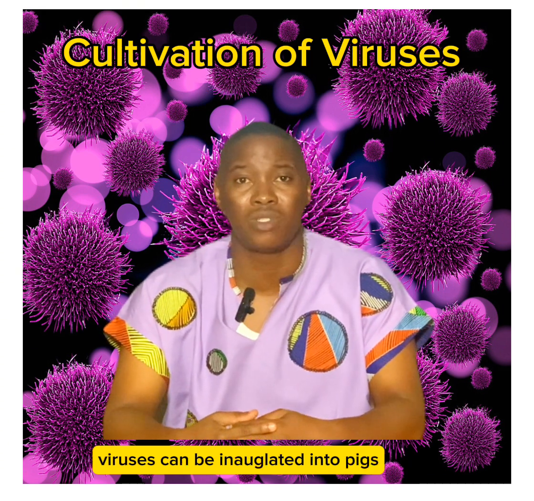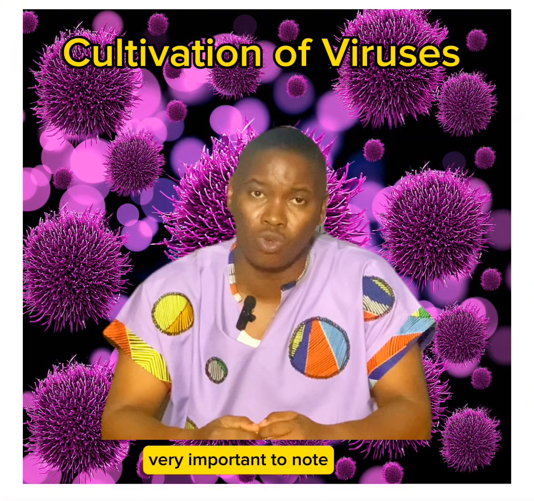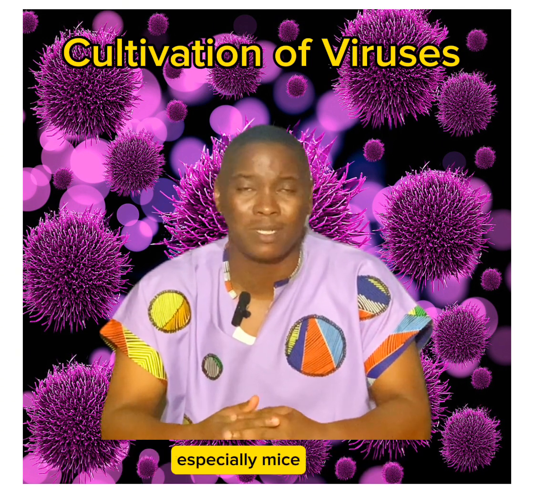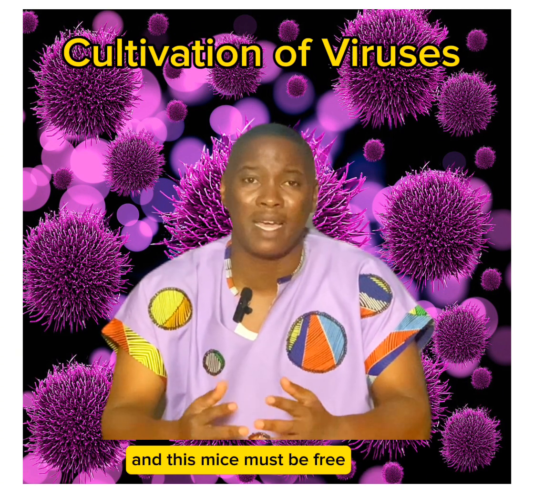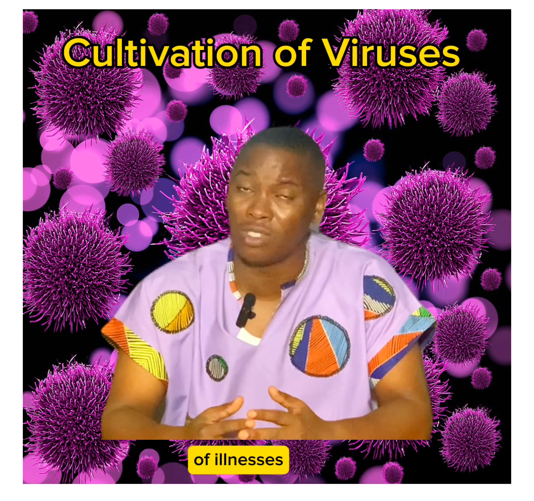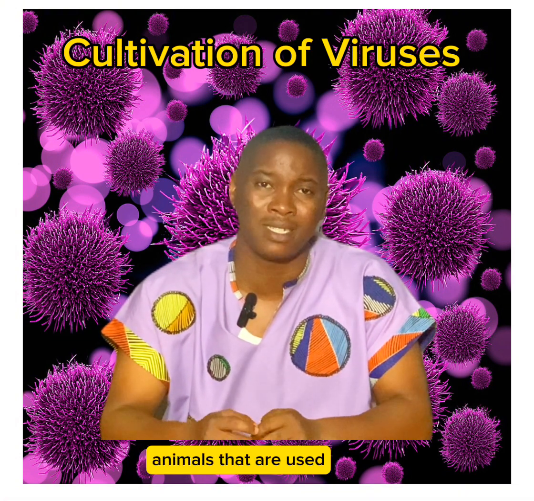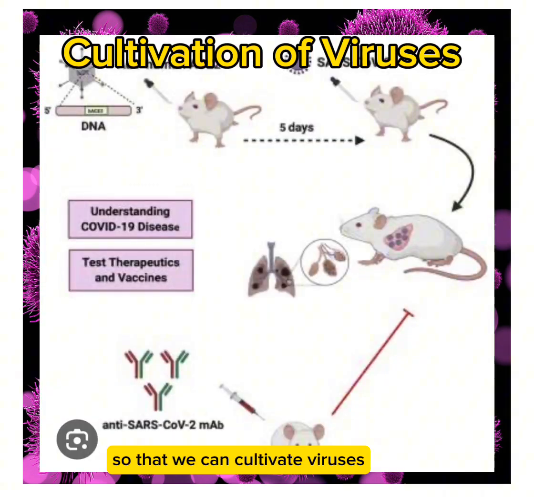Viruses can be inoculated into pigs, rats, mice, all sorts of primates, and this is very, very important to note. Now, viruses are usually inoculated into mice, especially mice which are just about 48 hours old, and these mice must be free of illnesses, not mice that are diseased. These are the animals usually used so that we can cultivate viruses in them.